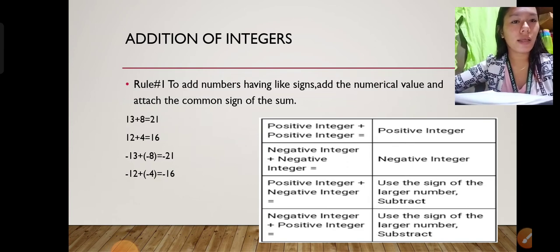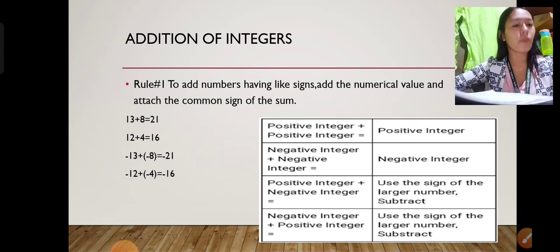A negative integer plus a negative integer is a negative integer. Then a positive integer plus a negative integer, use the sign of the larger number and subtract. Then a negative integer plus a positive integer, use the sign of the larger number and subtract.